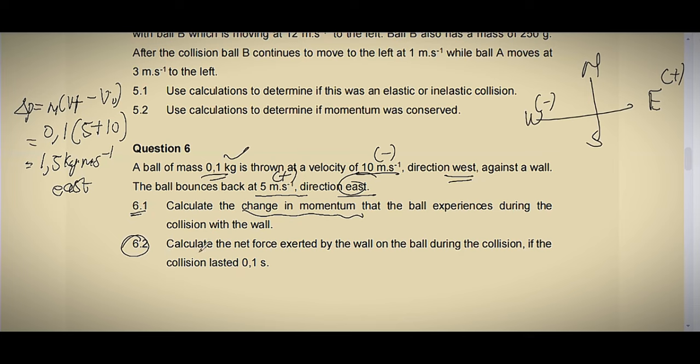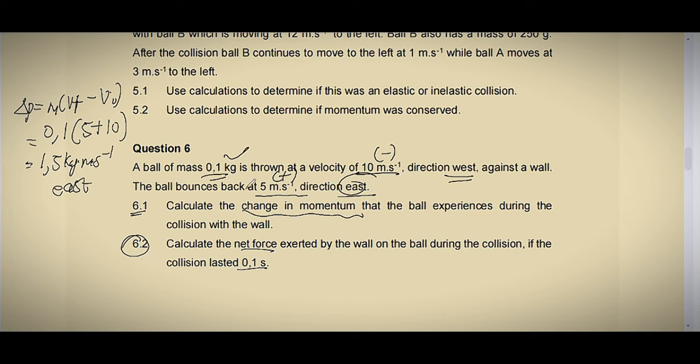Then 6.2 says calculate the net force exerted by the wall on the ball during the collision if the collision lasted 0.1 seconds. Right. So let me just erase here. Then to calculate the net force, remember, if they tell you about the net force and they also tell you the time, note that this is on impulse.